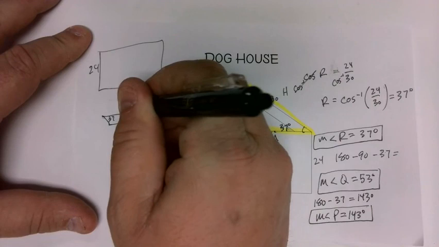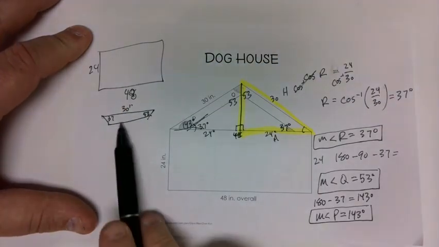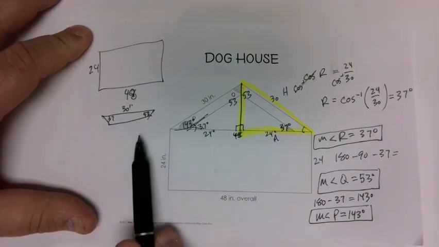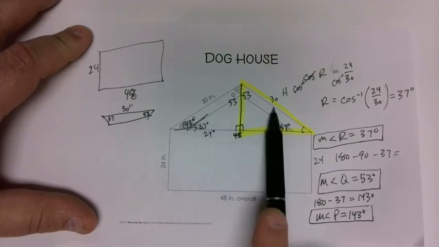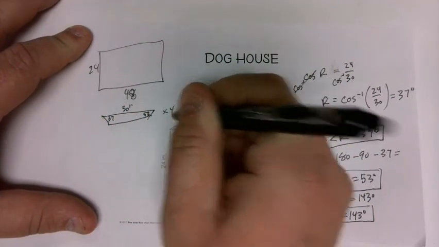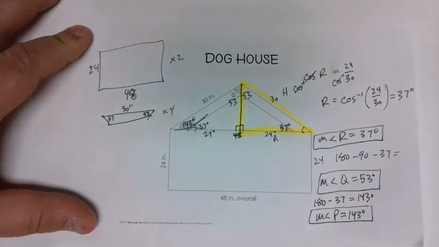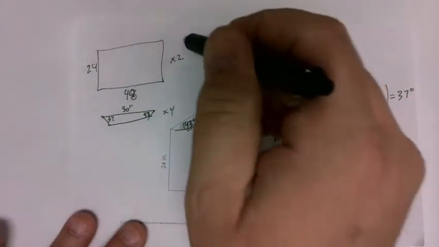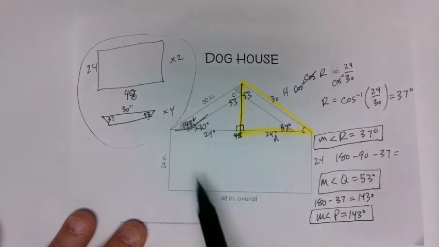Oh, and it has to be 30 inches right there. So I know a length of one side, and I know these 2 angles. And there's going to be 2 more on the other side, so I might say I'm going to need 4 of these. I make a cut list with all these different little diagrams like this.